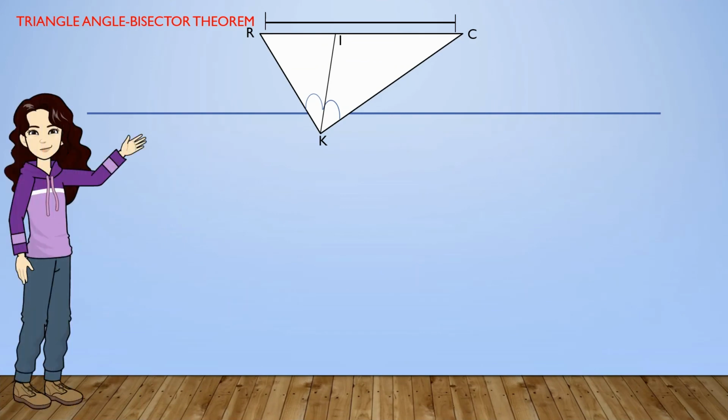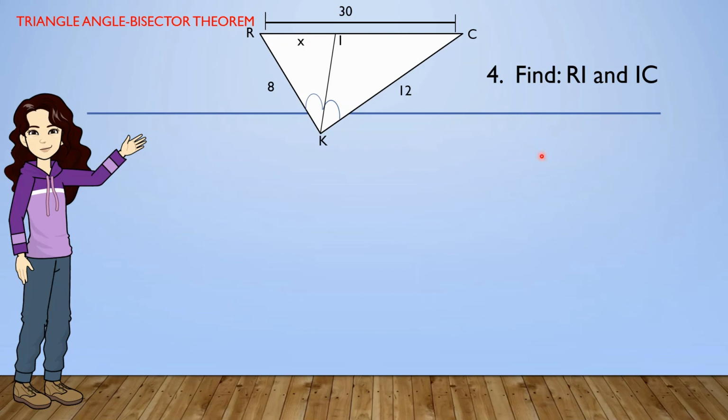Okay, another example. So we have triangle RKC, with the measure of RK is 8, KC is 12, then RC is 30. Then find RI and also IC.